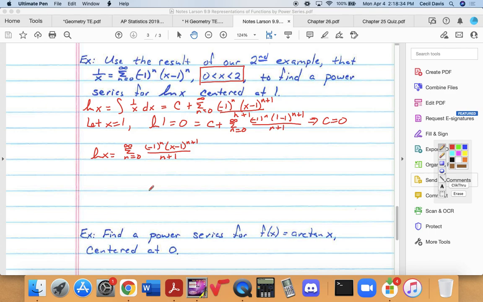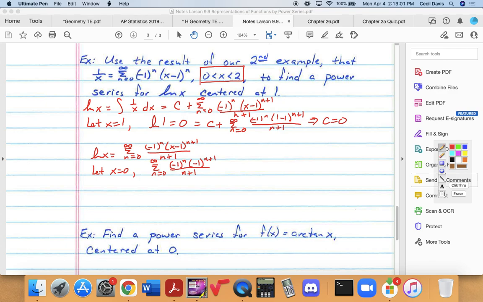So if we let x be equal to 0, we've got the summation as n goes from 0 to infinity of negative 1 to the nth times negative 1 to the n plus 1 over n plus 1.